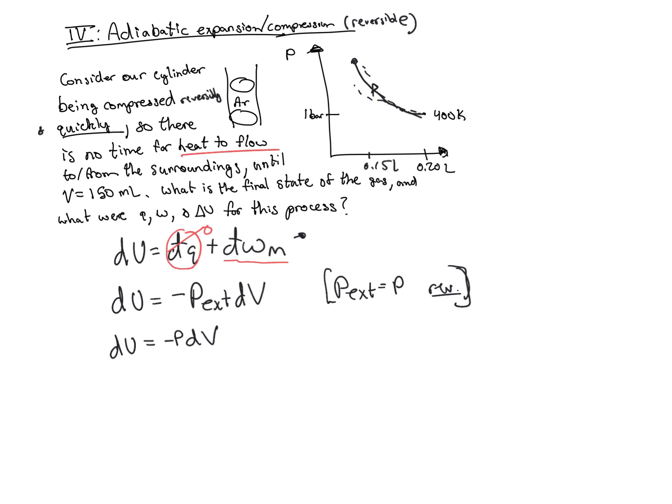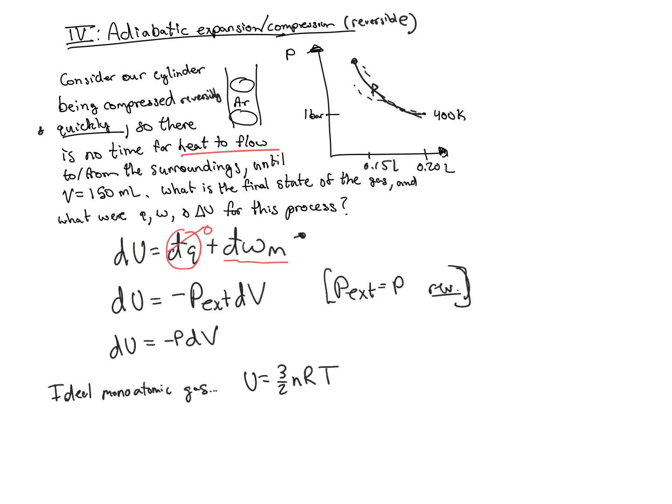So we can use the fact that for an ideal monoatomic gas, here we have U is equal to 3/2 nRT.